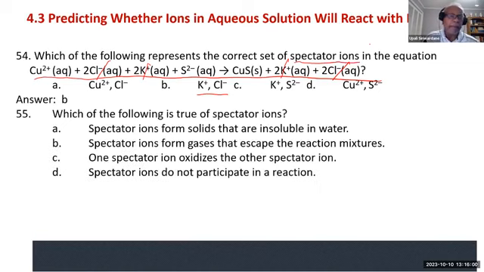About the spectator ions. Spectator ions form insoluble solids. That's not true. The spectator ions are aqueous ions. Spectator ions form gases. In a precipitation reaction, gas is not formed.